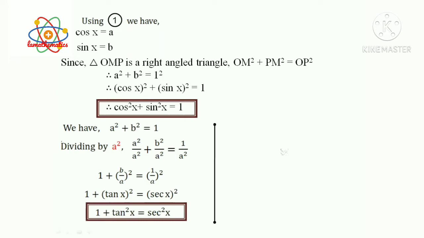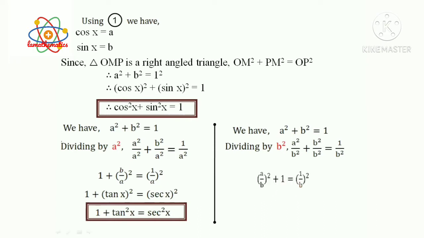Also, we have a square plus b square equal to 1. Dividing by b square, a square by b square plus b square by b square equal to 1 by b square. That is, (a by b) all square plus 1 equal to (1 by b) all square.